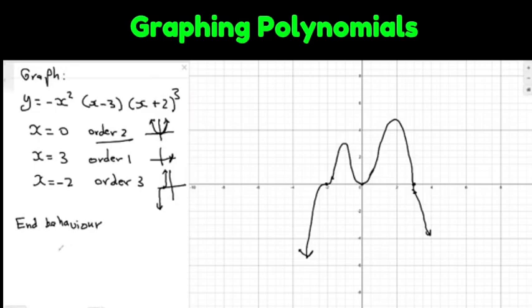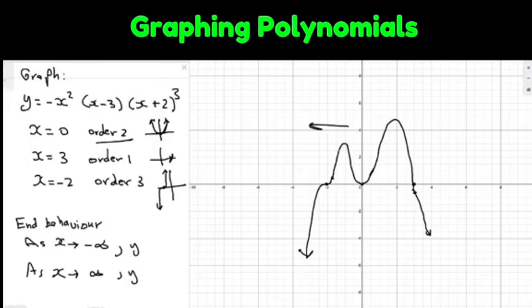Now let's tell what the end behavior is. The end behavior: as x goes to -infinity, what's happening to the y? And as x goes to positive infinity, what's happening to the y? When we say as x goes to -infinity, you get into the graph and you start going to the left, moving left this way.